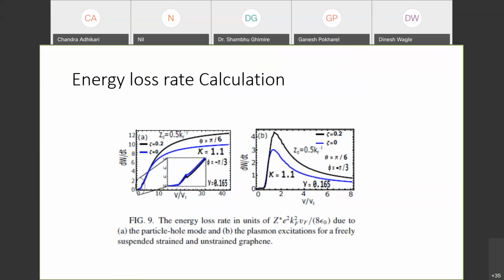But as we increase the kinetic energy of the charged particle, the effect of strain is significantly seen. For larger velocity, the rate of energy loss is very high in comparison to the unstrained graphene. That is seen in both figures.